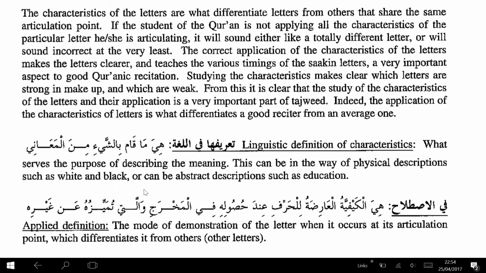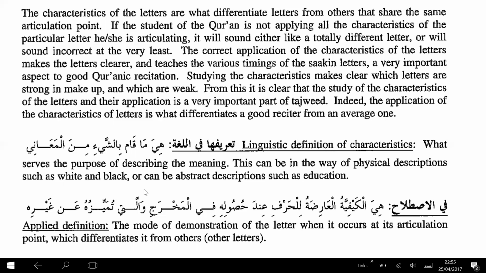Whereas over here, when we are saying what is sifat, the applied definition for us is هي الكيفية العارضة للحرف عند حصوله في المخرج والتي تميزه عن غيره. Meaning the mode of demonstration of the letter when it occurs. Whenever you say the letter, how are you presenting it? How are you demonstrating it? At its makhraj, and that is what differentiates that letter from the other letters.